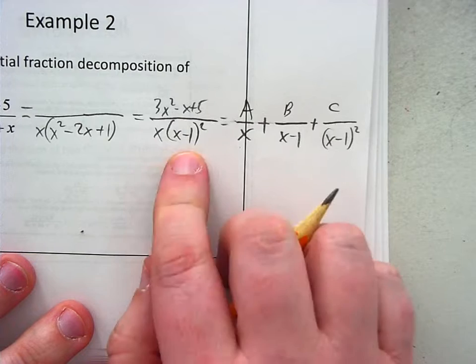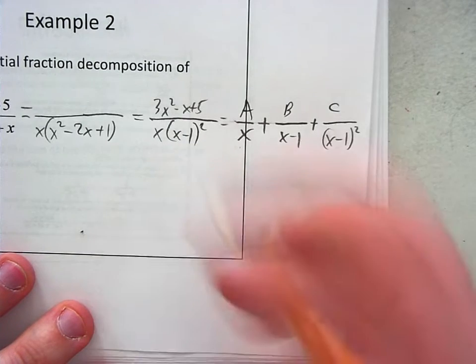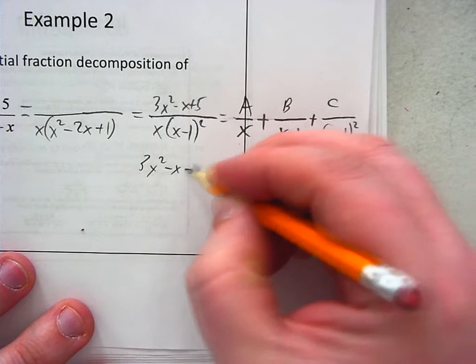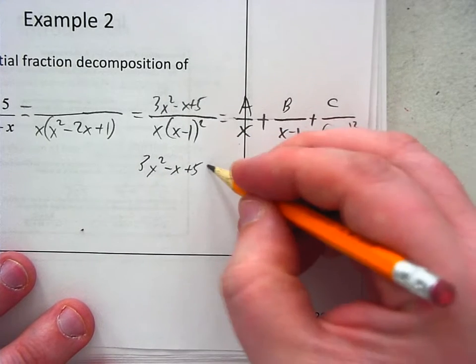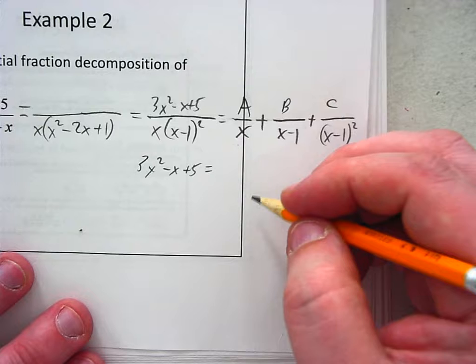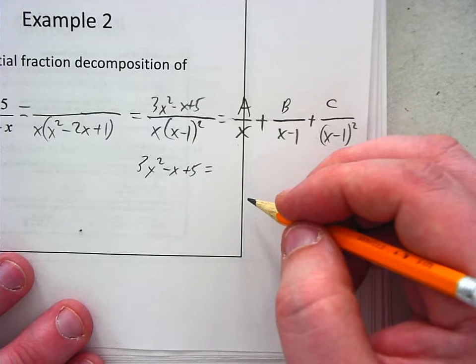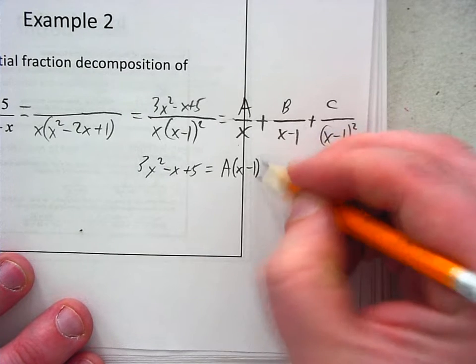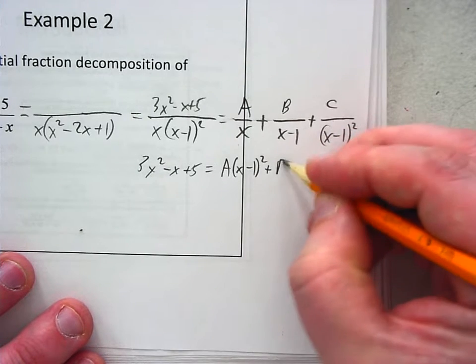Yeah, it's whatever's over here, x and x minus 1 squared. When I do that, the left side here is just going to be 3x squared minus x plus 5. What am I going to have after the a? Yeah, the x's will cancel off, so you get x minus 1 squared. What am I going to have after the b?